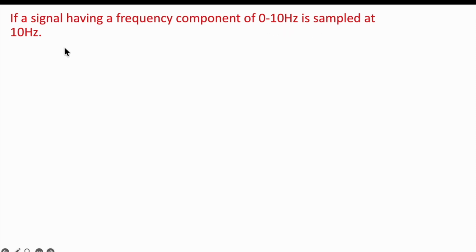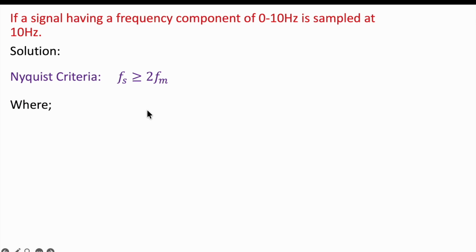There is another example: if a signal having a frequency component of 0 to 10 hertz is sampled at 10 hertz, then you need to see what the criterion is. The Nyquist criterion says that f_s should be greater than or equal to 2 times f_m. In this case, the sampling frequency f_s is 10 hertz. According to the given components, 0 to 10 hertz, your maximum frequency f_m is 10 hertz as well.